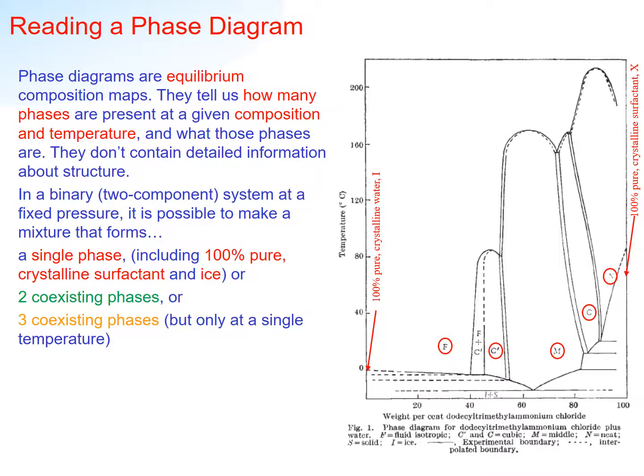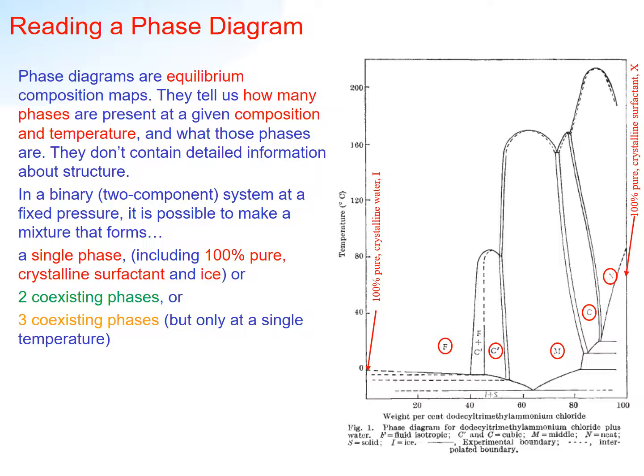They can be 100% pure crystalline surfactant. It could be 100% pure crystalline water or ice at a sufficiently low temperature, or any number of these phases that have variable composition, like a liquid phase called F in this phase diagram, or various liquid crystals.